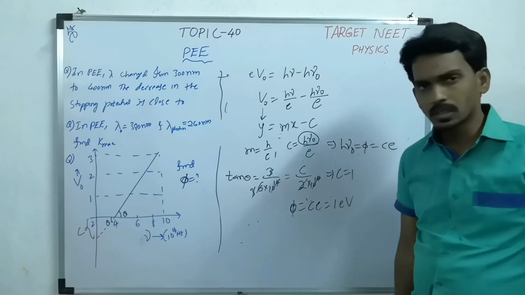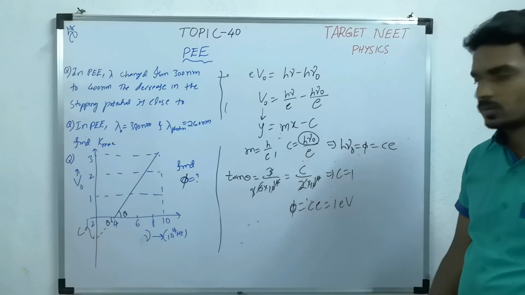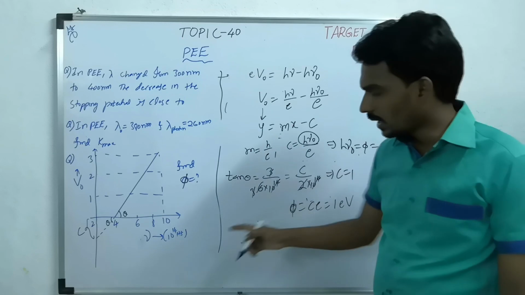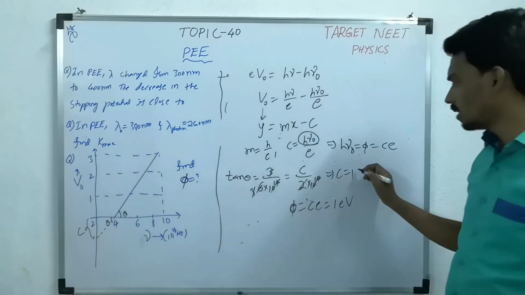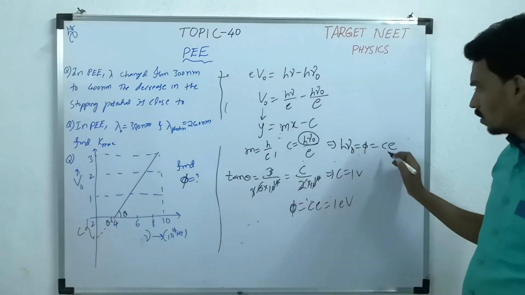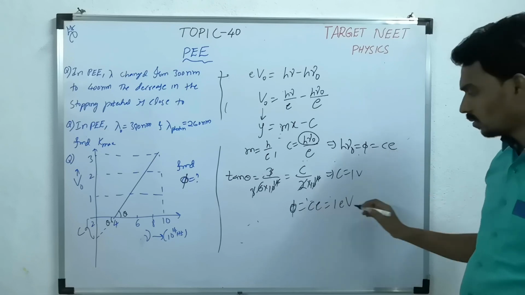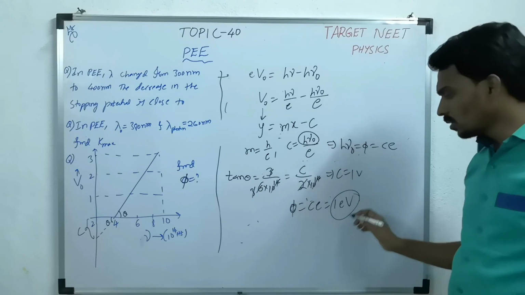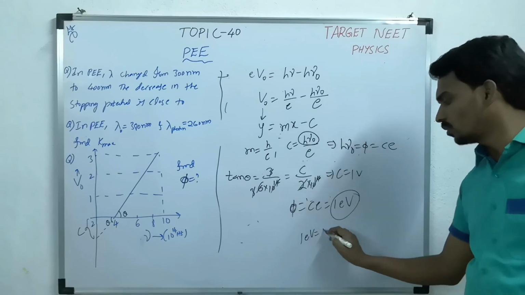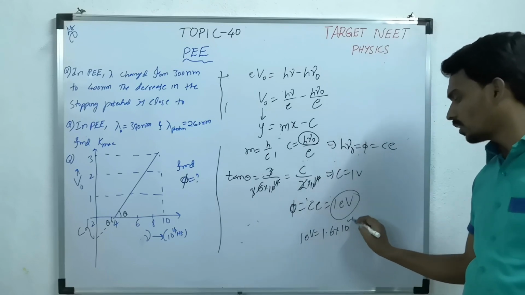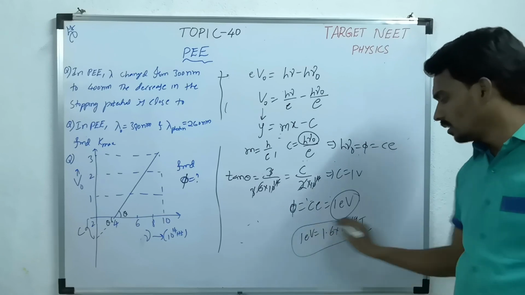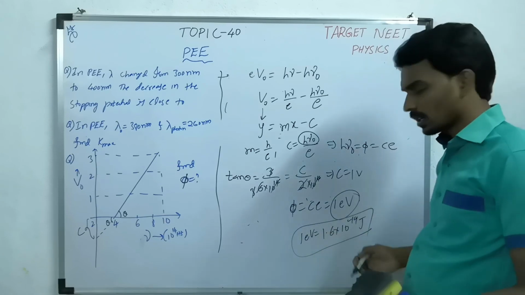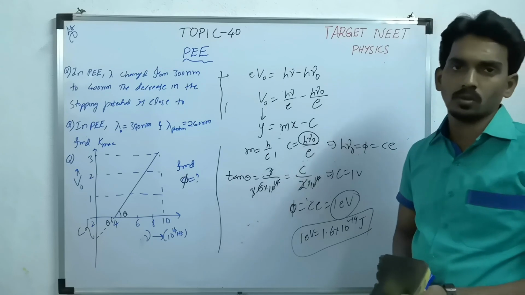So the work function is 1 electron volt, because here the intercept is on the y axis, so the unit is 1 volt, so 1 volt times e. So the energy will become 1 electron volt. If you want to convert 1 electron volt into joules, you have to multiply with the charge of the electron. Then you get the conversion of electron volt to joules.